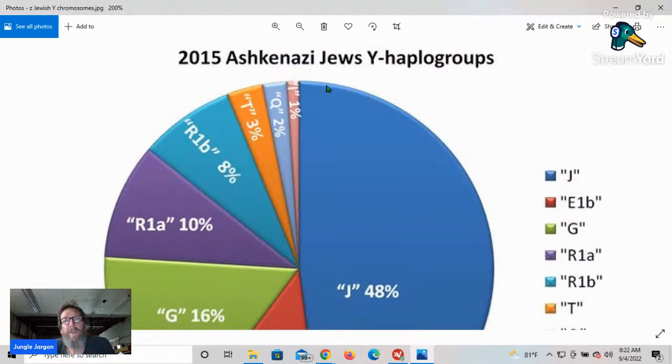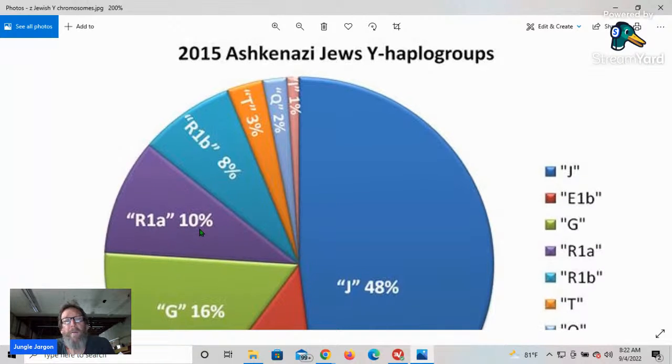Ashkenazi Jews being from the area of Ashkenaz, son of Japheth, would obviously have the R1A of Ashkenaz himself, descendants of Ashkenaz himself in their population.